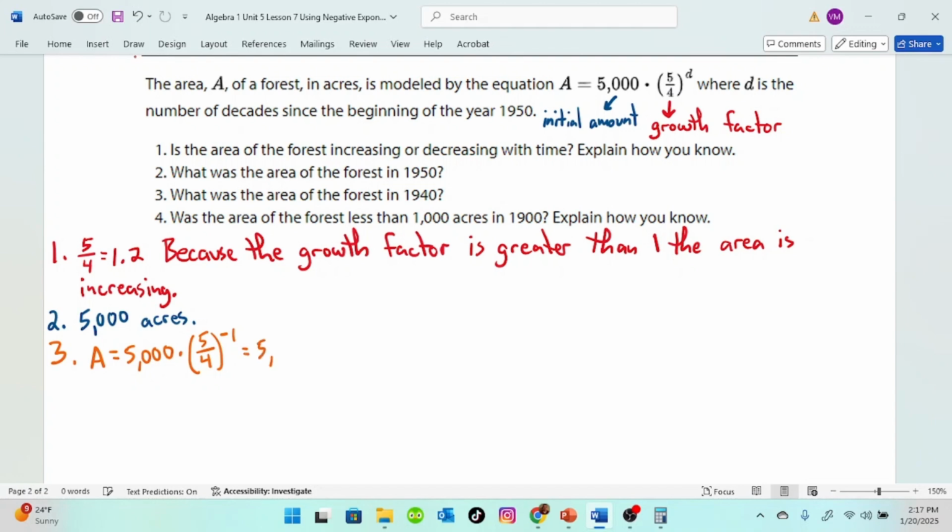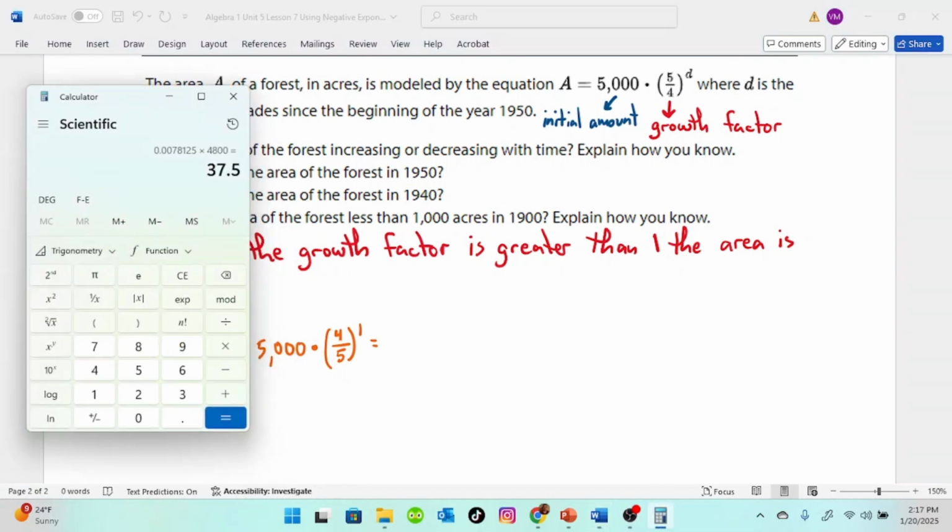So anytime I have a negative exponent, it tells me to change the growth factor to its reciprocal. So 5 over 4 becomes 4 over 5. Now I can put that into a calculator. 5,000 times 4 over 5, which is equal to 0.8.